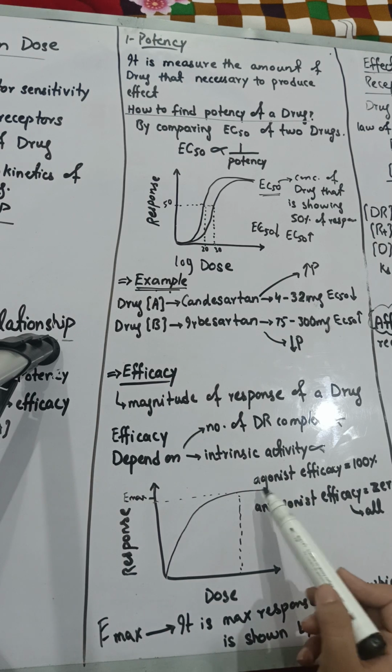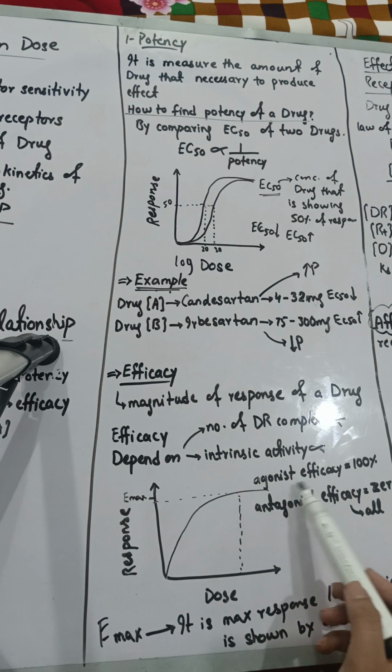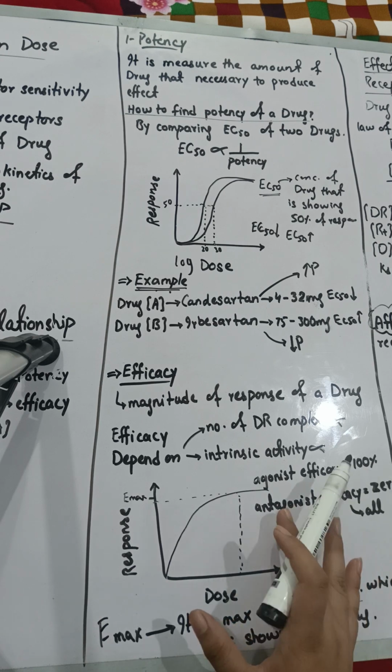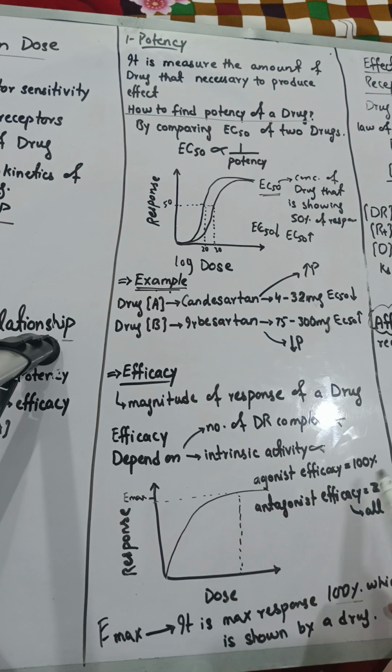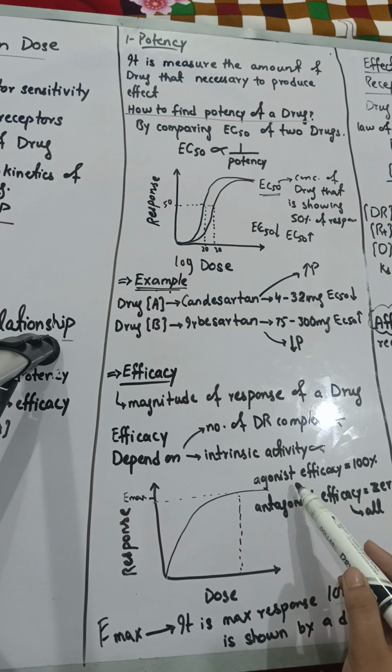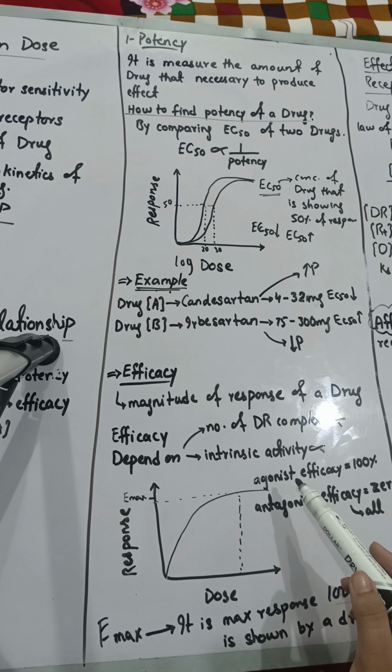Now let's discuss the efficacy of your agonist drug and the efficacy of your antagonist. Your agonist drug has 100% efficacy, meaning it is occupying all the receptors and producing 100% of its response.